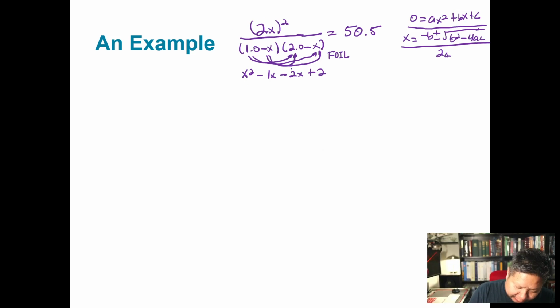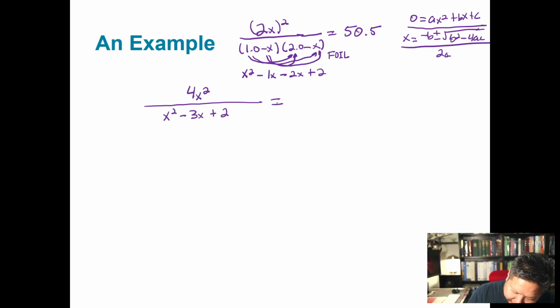The numerator and the denominator, right? I'll go ahead and square the 2 and the x in the numerator, and then combine like terms in the denominator. And so what I will end up with is 4x squared, all of that divided by x squared minus 3x plus 2.